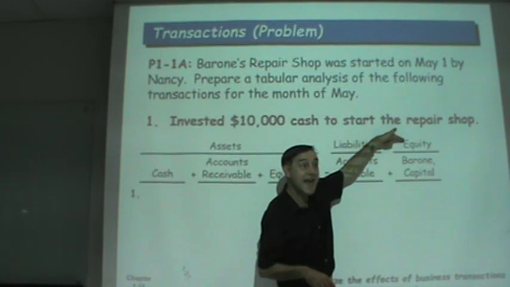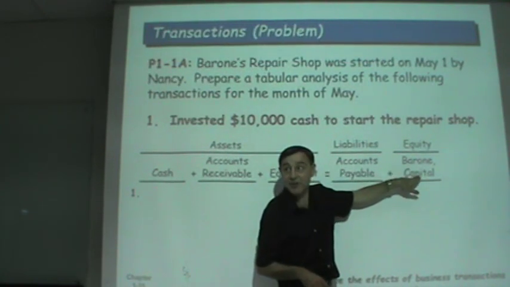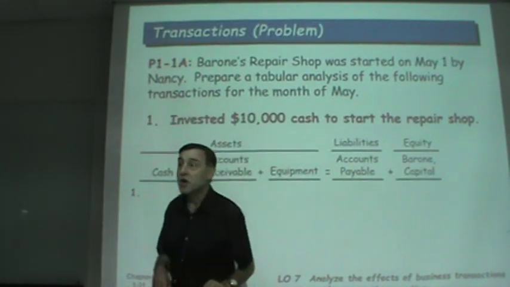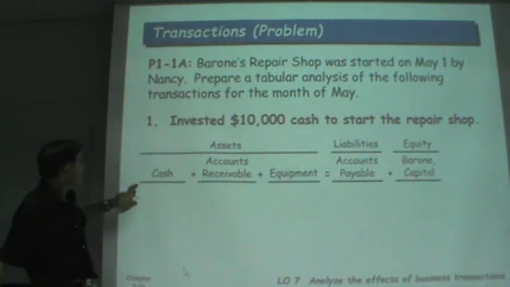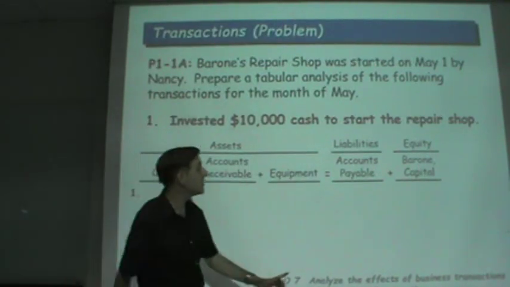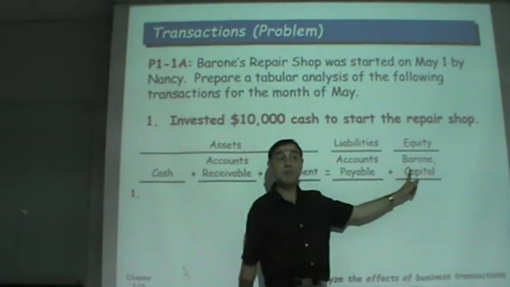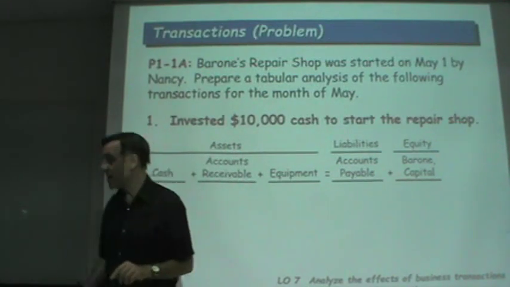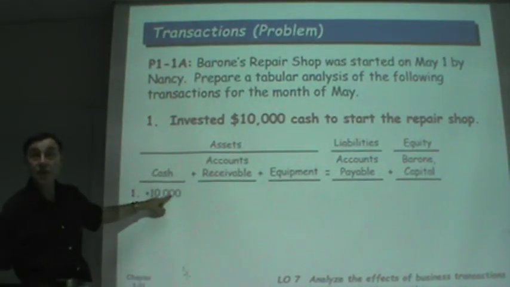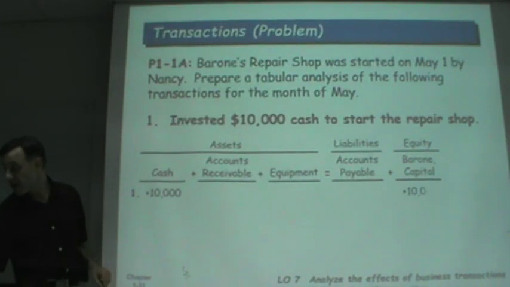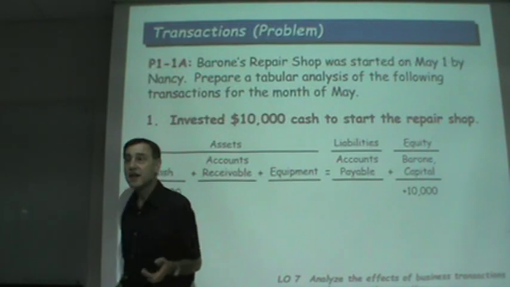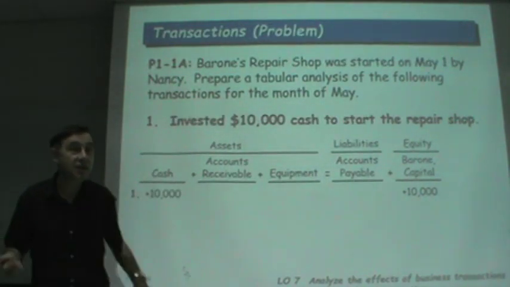And it's got, we call it capital. You see how they say equity and then they say capital, same thing. And capital, 10,000. So, you will get 10,000 cash, cash goes up, and equity goes up by 10,000, and we see how it goes. And that's the transaction.